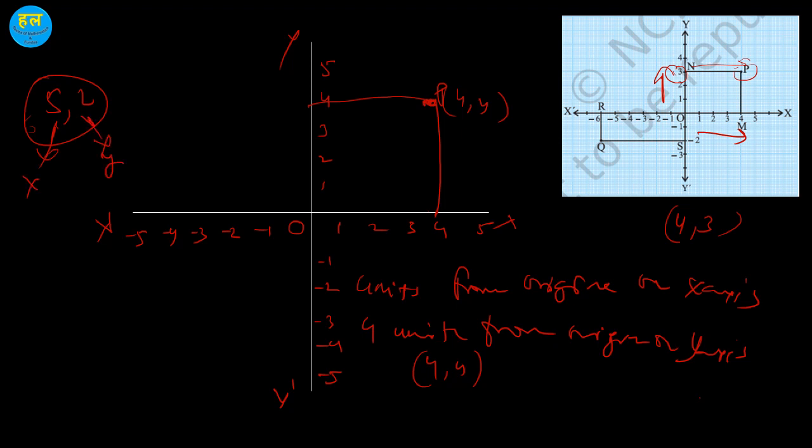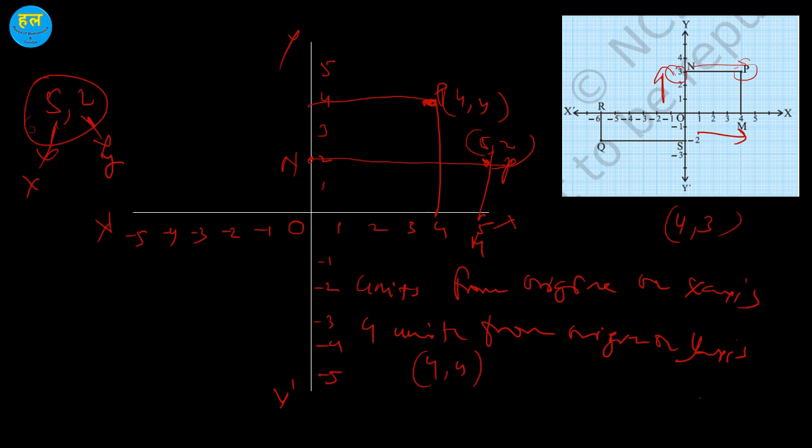So 5 units on the positive side of the x-axis, so this is this, and 2 units on the positive side, that is above, this is this. So if we mark a line here, here and here, we can find our point 5 comma 2. And we can name these points as P, N, M, whatever we want.